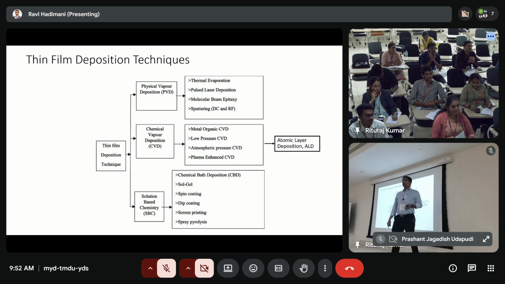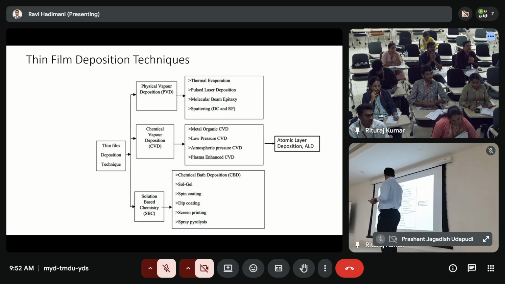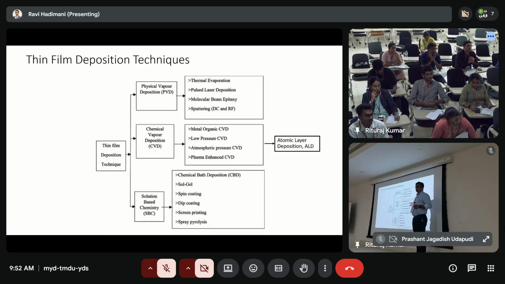Then there is atomic layer deposition, which is ALD, quite popular. With that one you can deposit atom by atom. That is a chemical vapor deposition. Here you need good chemistry. That means making two chemicals come together and react inside a chamber which has high vacuum and high temperature control.